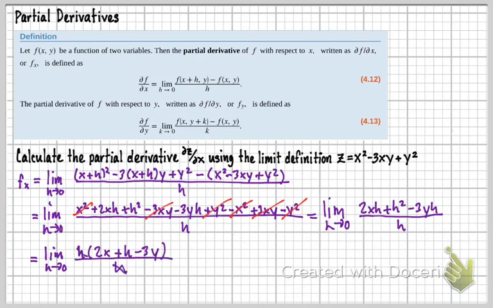And then those h's are going to cancel. And I have the limit as h goes to 0 of 2x plus h minus 3y. And then the limit as h goes to 0, that's my only h there. So I'm going to end up with 2x minus 3y. So that's the answer for this one here.